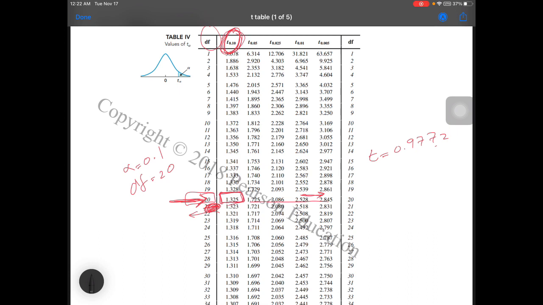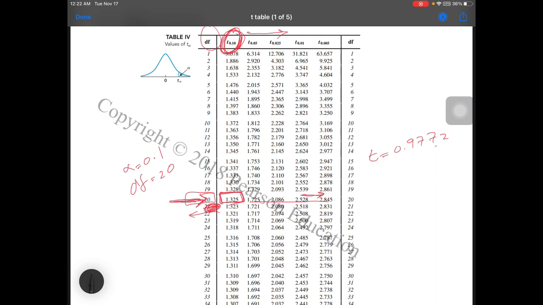which means my p value is less than 0. Sorry, not less than, greater than 0.1. Why? Because see, t is 0.1. If you go this side, you can see the alpha values 0.05, 0.025, 0.01. Okay, yes, it is greater than.